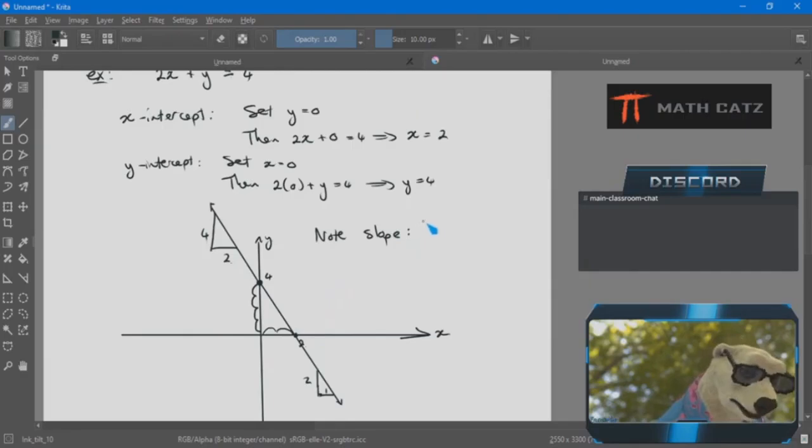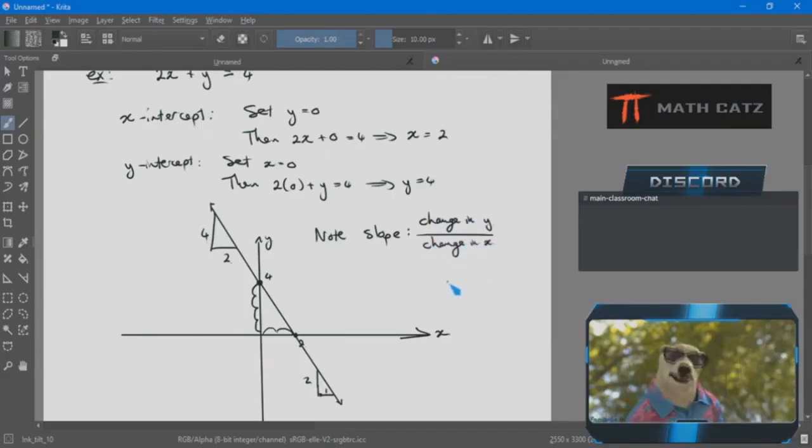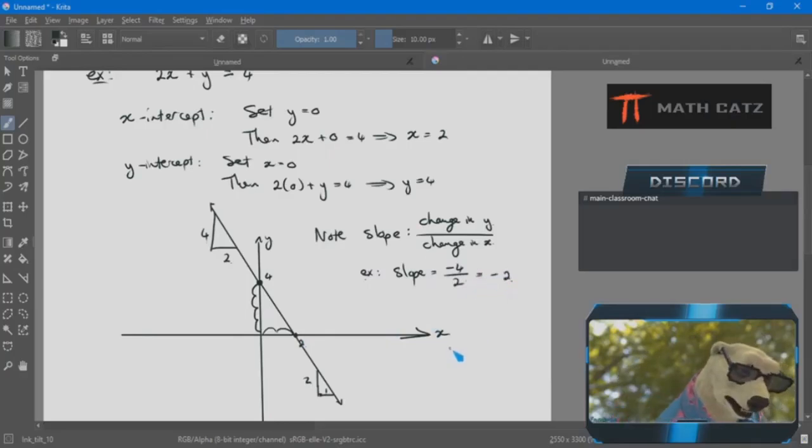So now it's the change in y over the change in x. So in this case, the slope is going to be 4 down, so it's a -4, 2 in the positive direction for x, so it's going to be -2 when I simplify it.